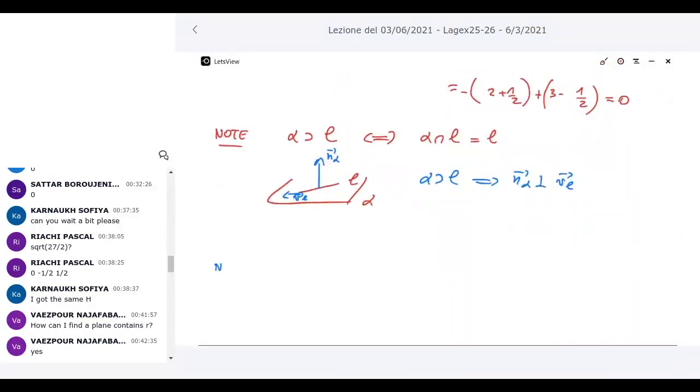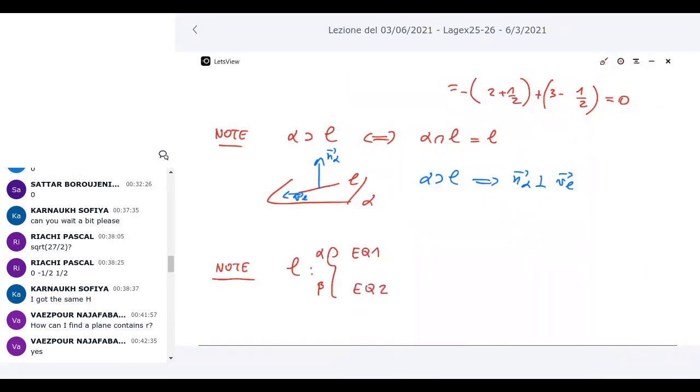Another quick note I want to make, since you asked, is the following. You see, a line L is given as the intersection of two planes, alpha and beta, with equation 1 and equation 2.